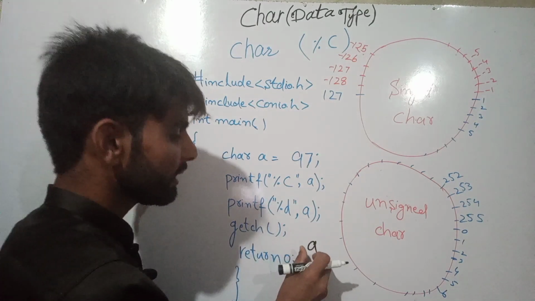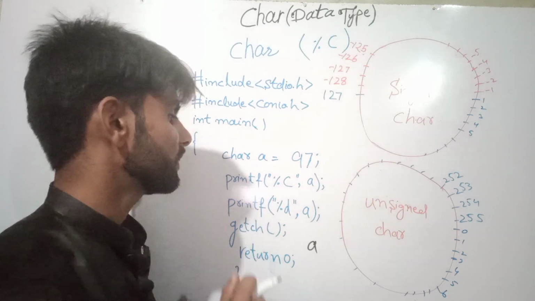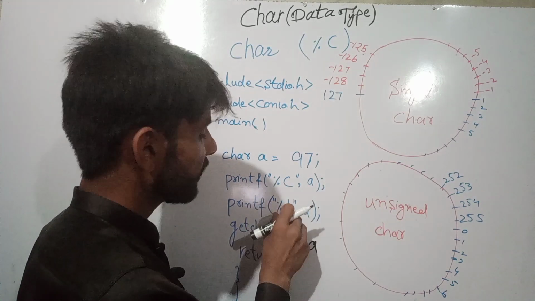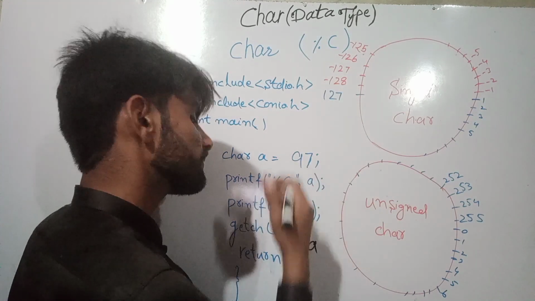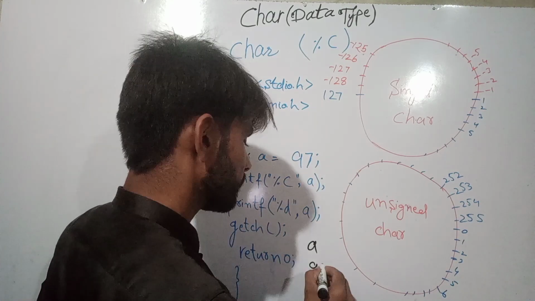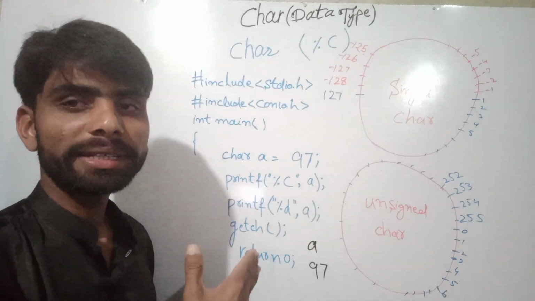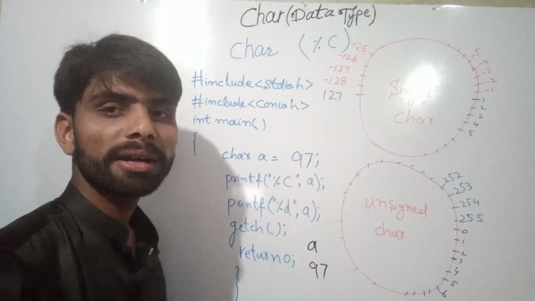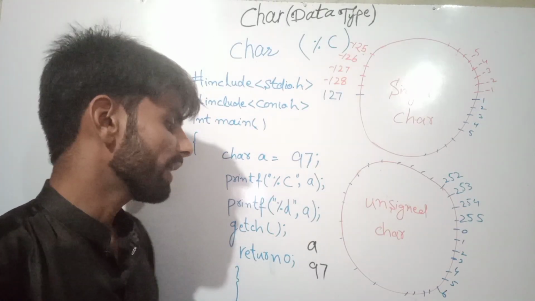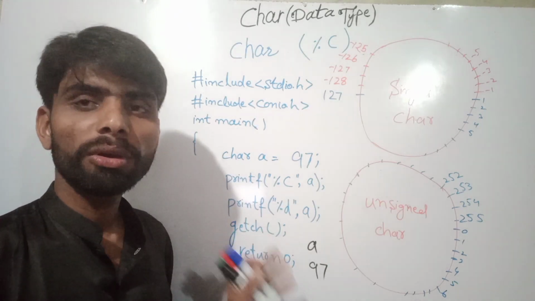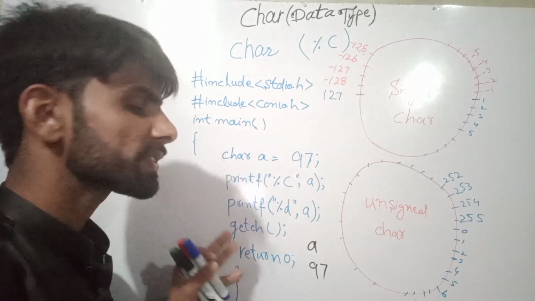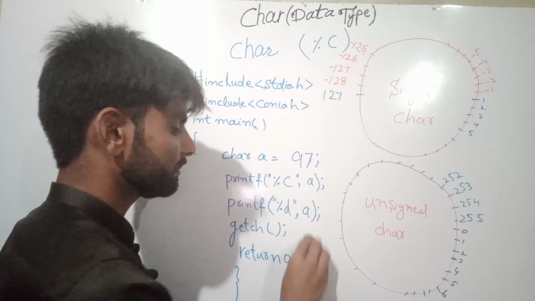So that's why the small alphabet is printed on the screen. And with %d, the value 97 is printed on the screen. So I hope you got it, the ASCII values correspond to all characters. In the computer, all characters have their own ASCII values, right?